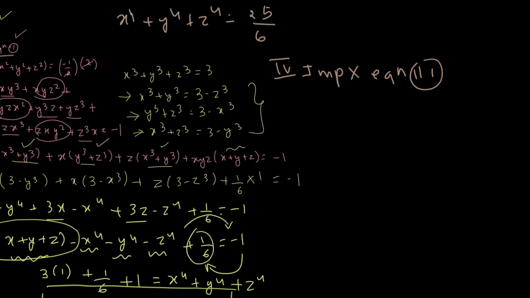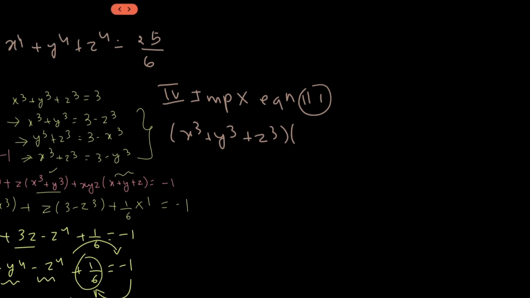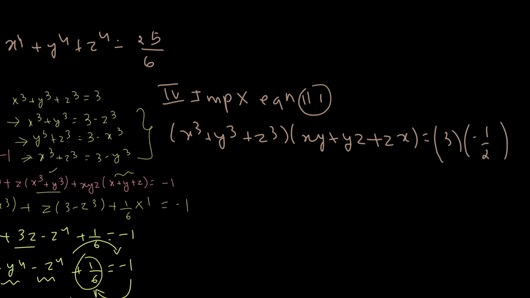So the equation number 3 is x cube plus y cube plus z cube, multiplied with the important equation left hand side, that is xy plus yz plus zx, and this thing is equal to 3 multiplied with -1 upon 2, the right hand side of the third equation times the right hand side of the important equation.